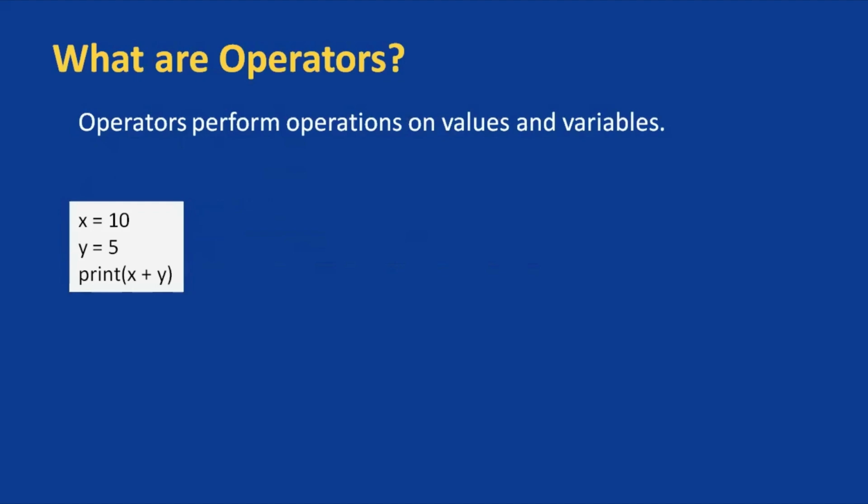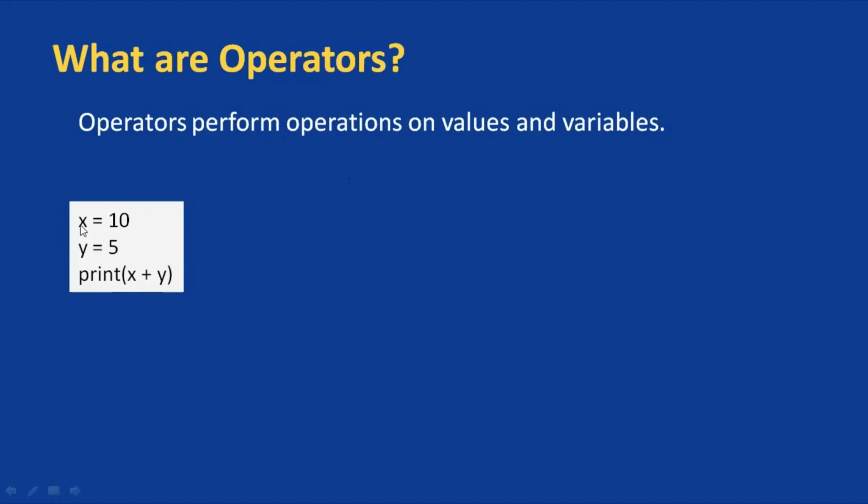Here I have given two variables, x is equal to 10, y is equal to 5. If we want to do some operations like arithmetic, like addition or subtraction, for that purpose we are using operators. For addition, we are using the arithmetic operator plus sign.